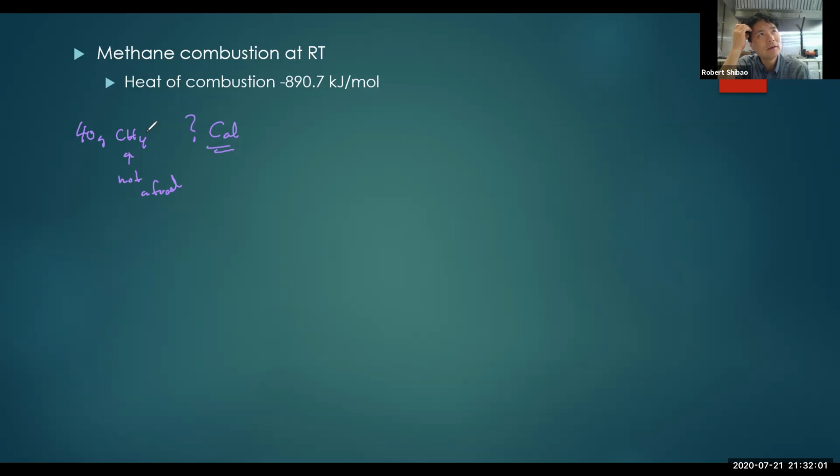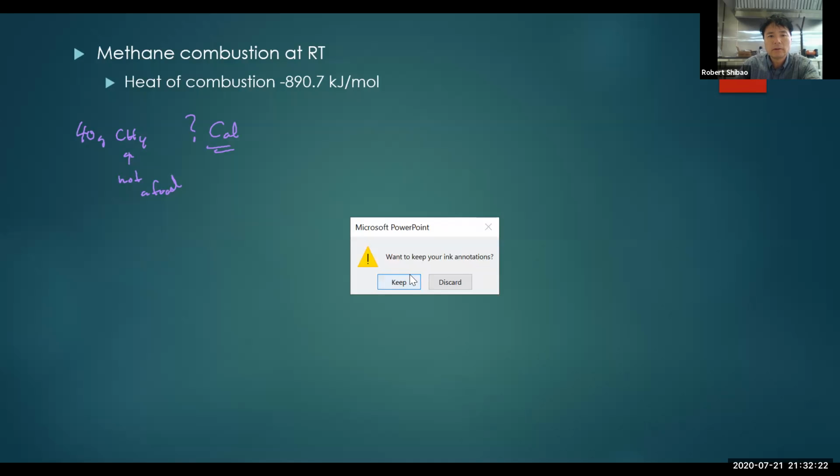But we don't have the enzymes. We need enzymes to digest food. If we did have the enzymes to break down methane, then it would be a good fuel. I'm kind of curious what eats methane?